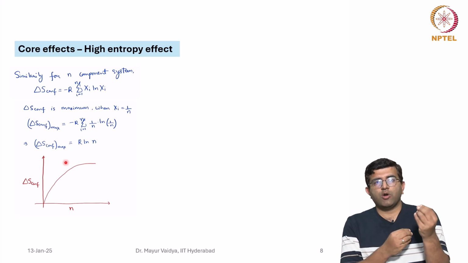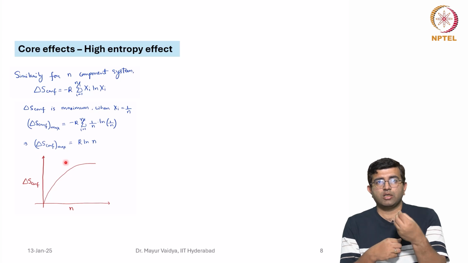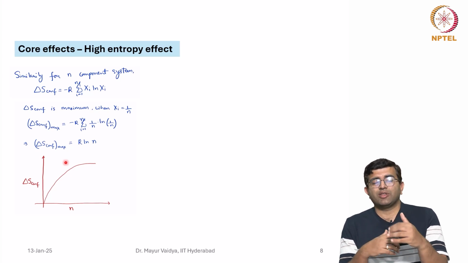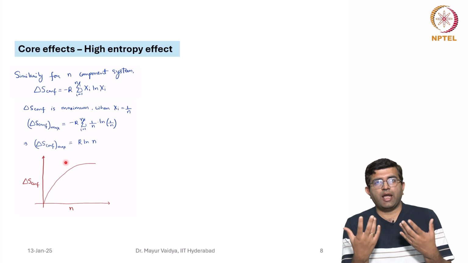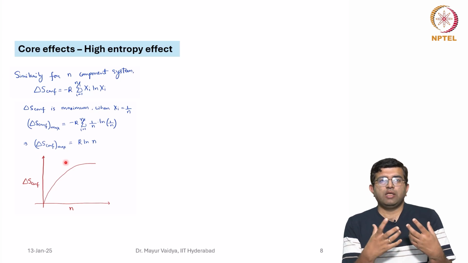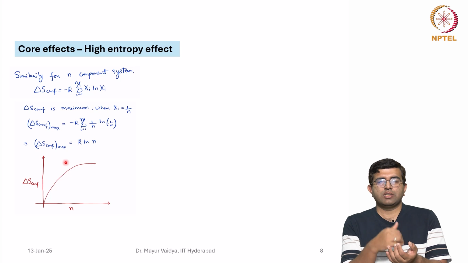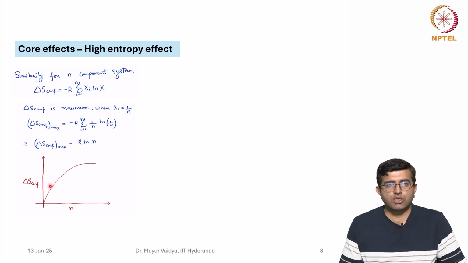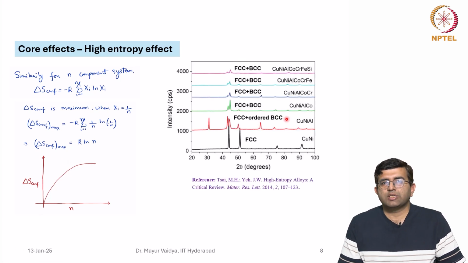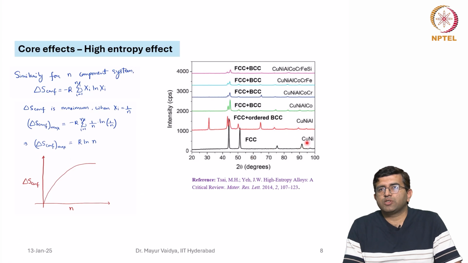But what you observe in reality is only simple solid solution structures. So, that is what is exciting about the high entropy alloys, that even having so many different elements, the configurational entropy tends to stabilize the solid solution structures. So, this is one example which is shown here.